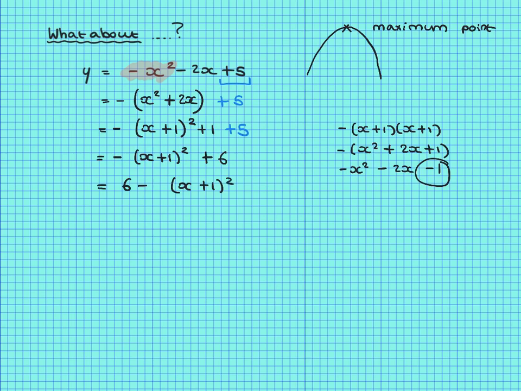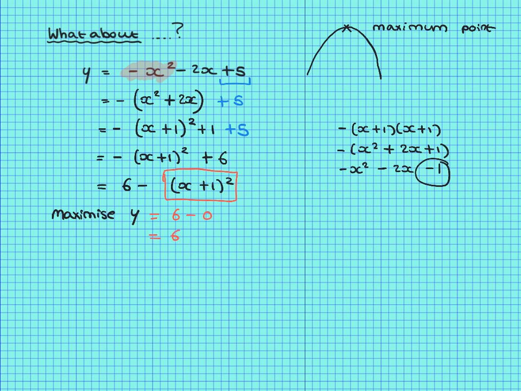Now, think about what we're trying to do. We're trying to maximise the value of y. Now, y is equal to 6 take away something. So, because x plus 1 all squared will always be 0 or above, the lowest possible value you can make the red box is 0, which will give y its maximum value of 6 take away 0, which is 6.